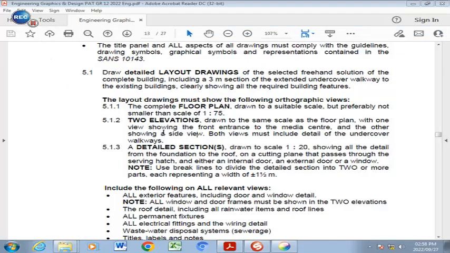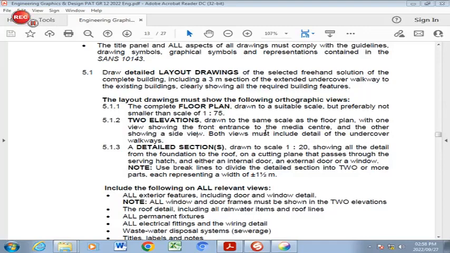And then we look at 5.1.2, which are two elevations, and it's drawn to the same scale as the floor plan, which is 1:100, even though it states here 1:75, and that is for space allowance on our page. And there you have to show both views, which include the detail of the undercover walkways.